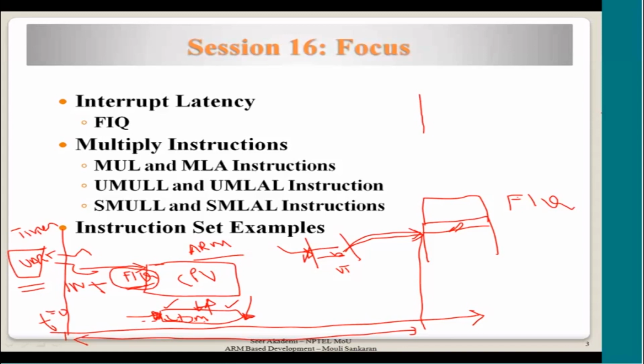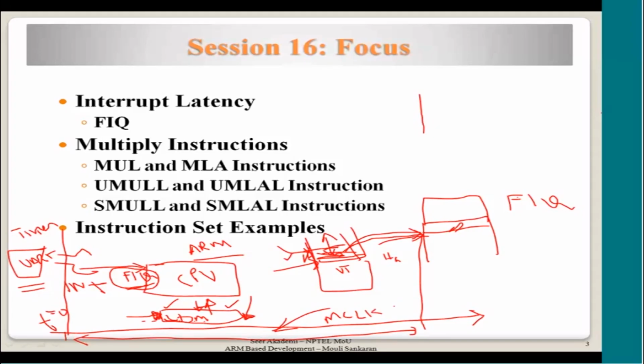You remember FIQ is the topmost in the table, so the FIQ handler itself can start from here if there is no need to have a branch. Let us assume the best case scenario where, instead of branching to the subroutine, we write the subroutine right here. So coming here and starting to execute the first instruction of the handler, the time taken for that is what is called interrupt latency. This could be a few cycles, a few clocks. We are trying to see what the worst case scenario is.